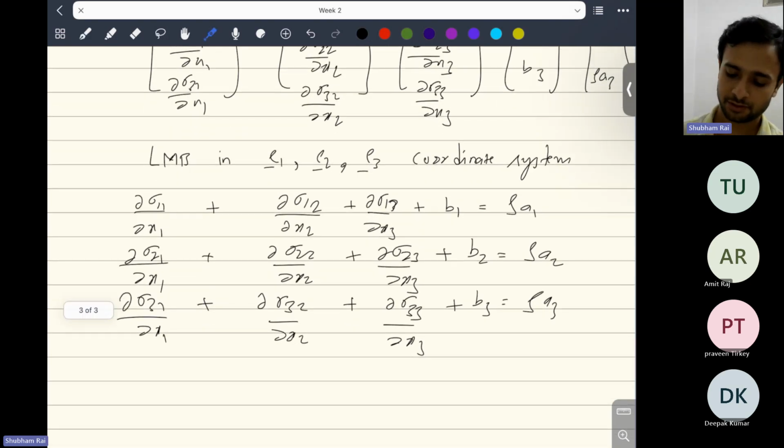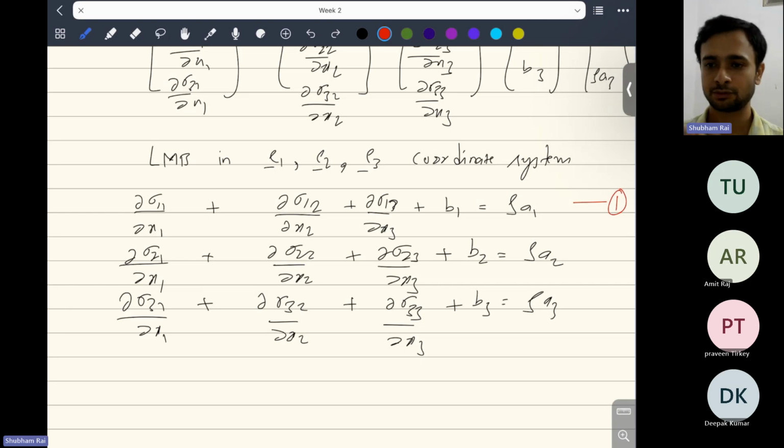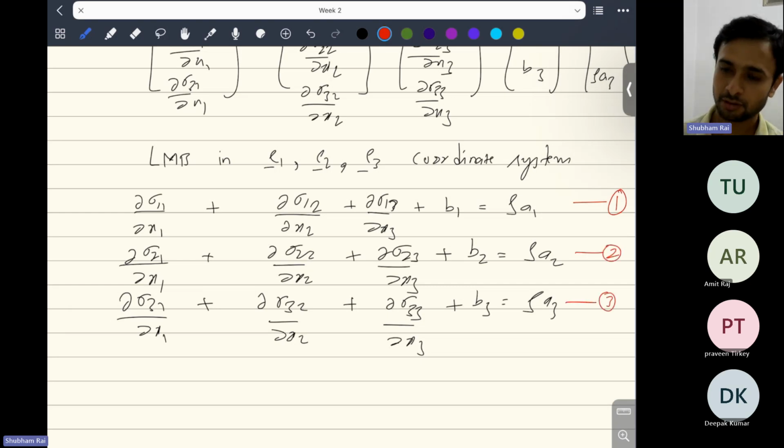You have three differential equations, first, second, and third. So essentially, in the lectures you would also have learned that the first equation represents the equilibrium in direction 1. Second equation represents equilibrium in direction 2. Third equation represents equilibrium in direction E3. I mean E1, E2, E3. So instead of writing this whole set of equations, you can write this equation in index notation.